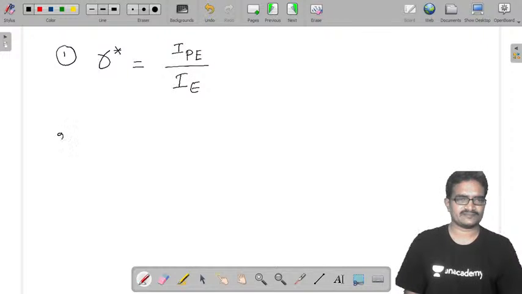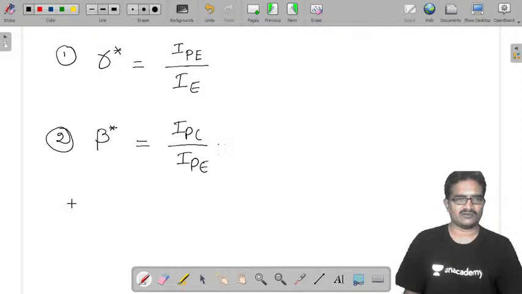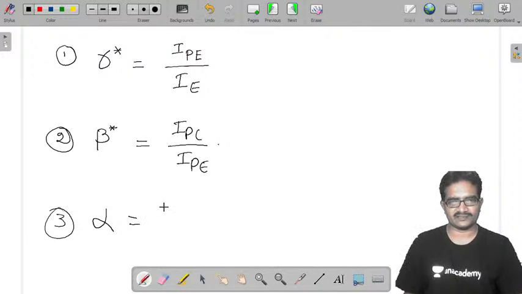Second one is beta star, base transport factor, its value is IPC by IPE. Third one is large signal current gain alpha, that is IPC by IE.